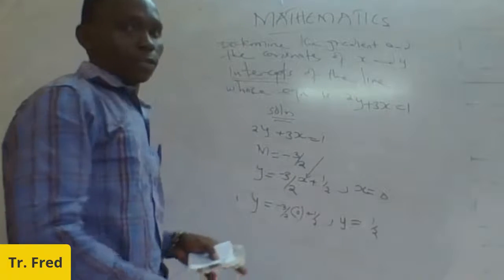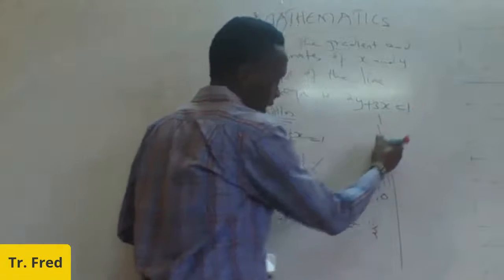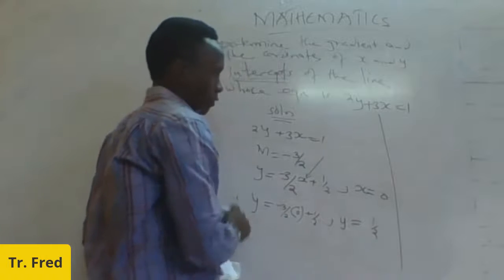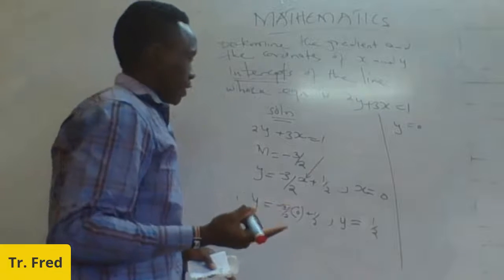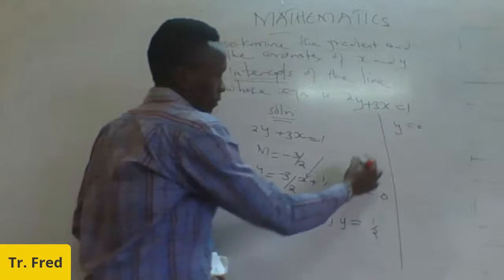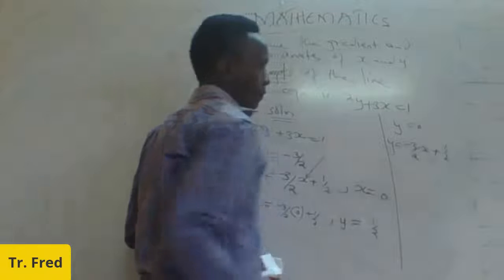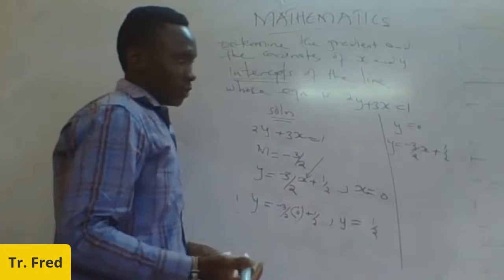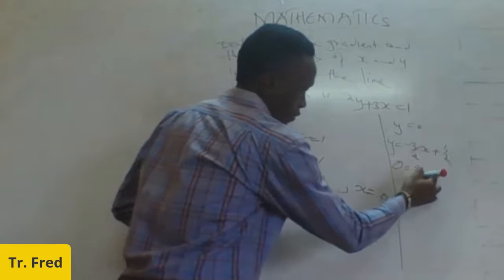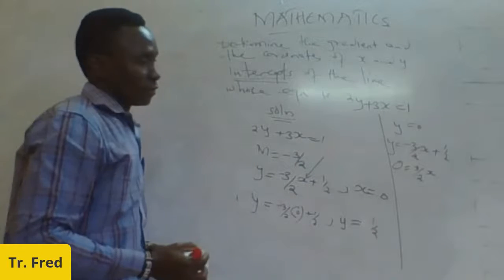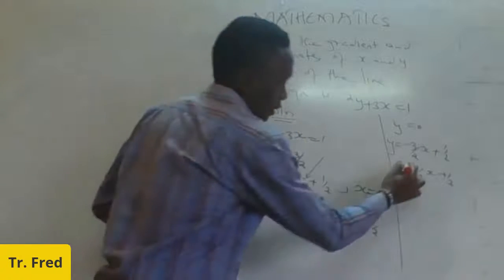What about the value of x? The value of x can be determined by substituting the value of y to be 0. From the equation of the line, y = -3/2 x + 1/2, and setting y equals 0, we get 0 = -3/2 x + 1/2. Remember, this one is a negative.